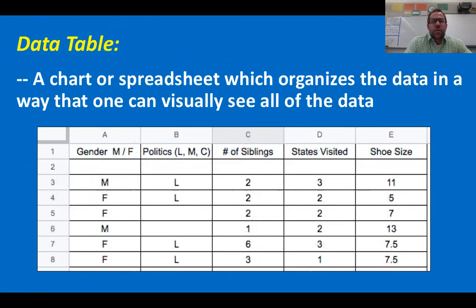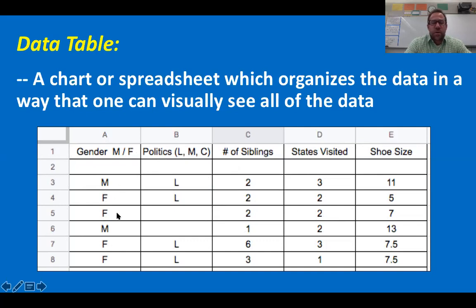All right, a data table. This is the classic way to organize data. It would be a chart or a spreadsheet which organizes the data in a way that one can visually see all of the data. For example, here, this was not part of the stick figure survey, but this is a survey asking for gender, politics, number of siblings, states visited, shoe size.